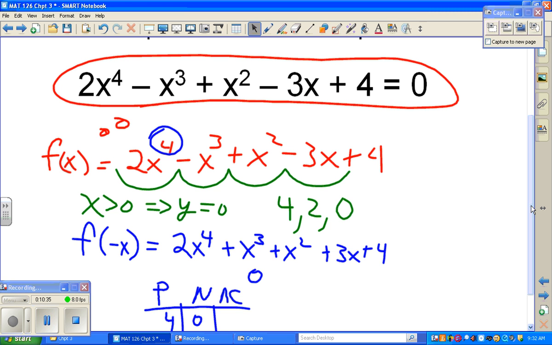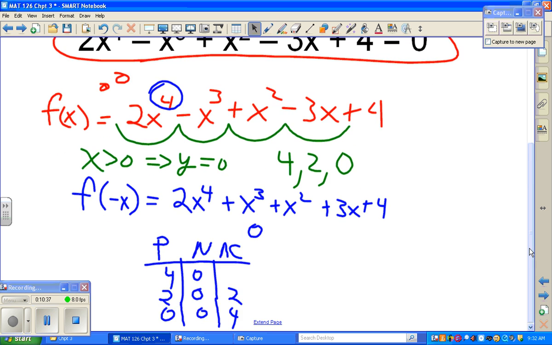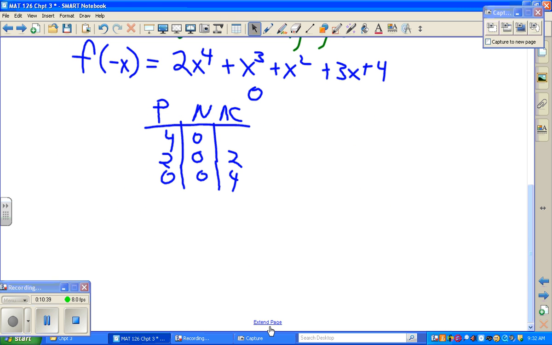Or teachers like me use it like this. People that are gone, absent, or whatever, this used to be question number 1 on the old exam I gave. It said find all the real zeros of this polynomial. I still remember to this day.